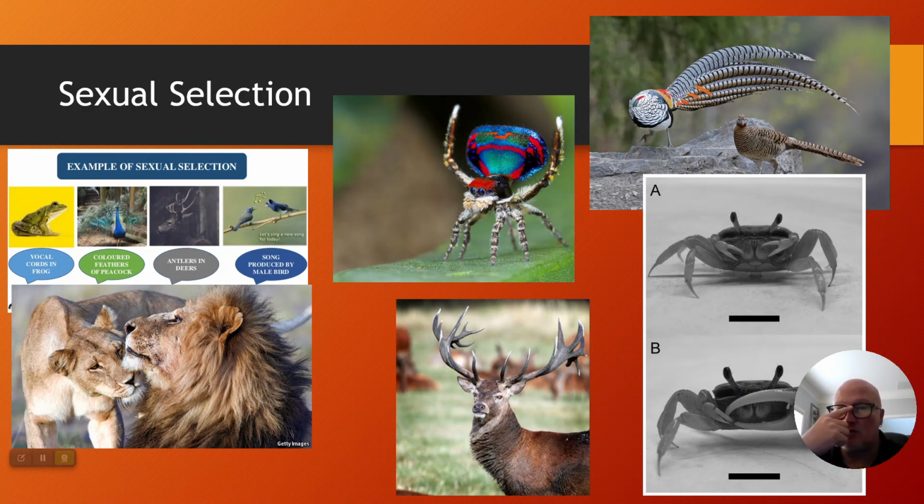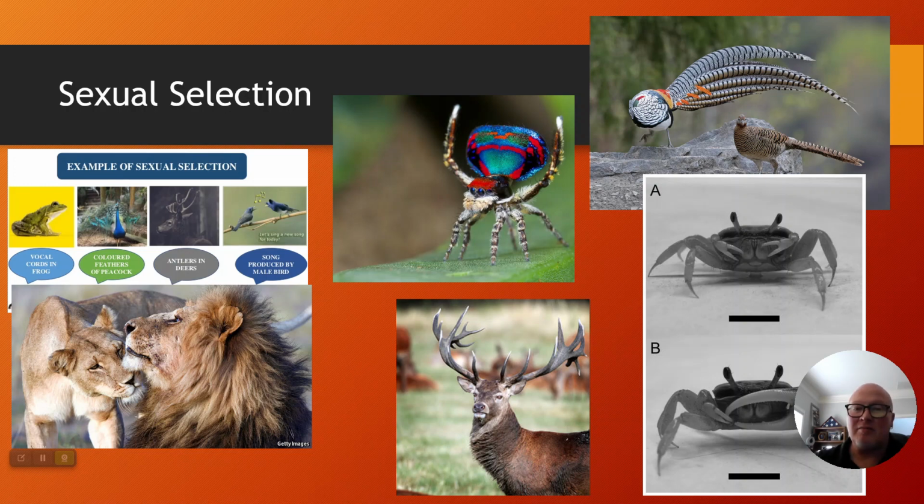The reason male lions have manes is because female lions prefer males with a certain color mane. If more females prefer males with a darker mane, then you're going to end up with more male lions with darker manes, because those are the ones who get to reproduce.